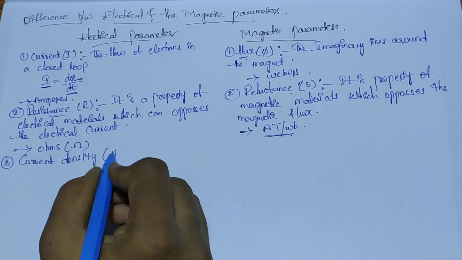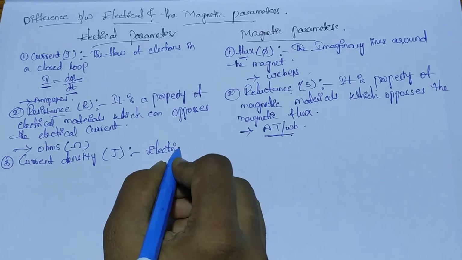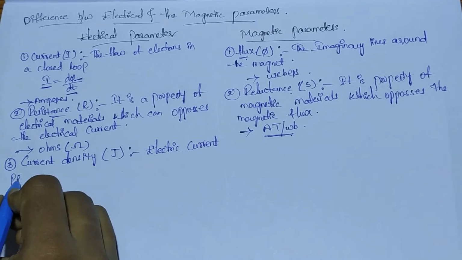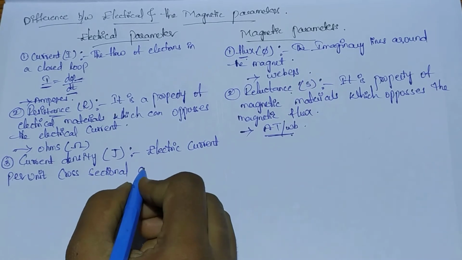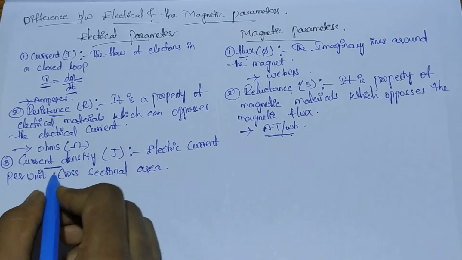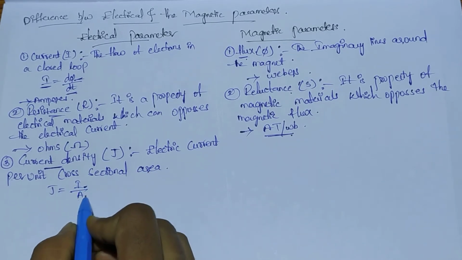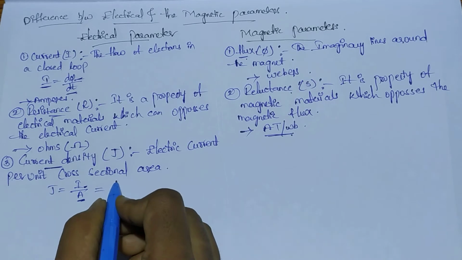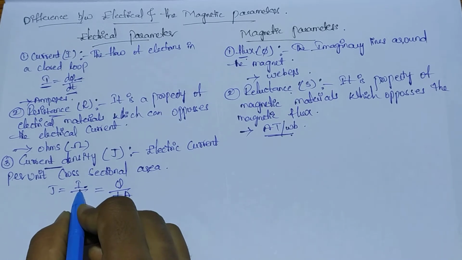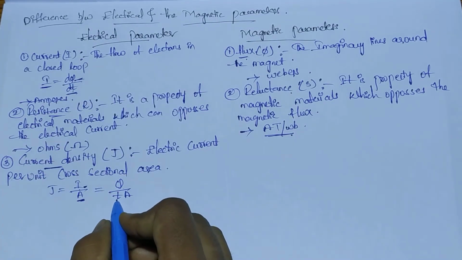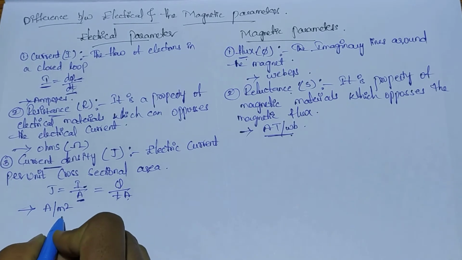This current density is denoted with the letter capital J, and it states that the electric current per unit cross-sectional area is called current density, and J equals I by A. It means the electrical current per unit area, and it is also written in the form of charge, Q by t into A. So the units of this current density are ampere per meter square.